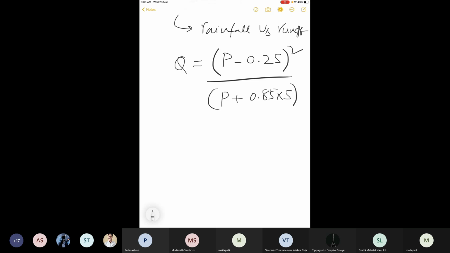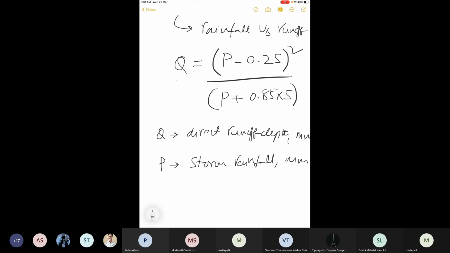So Q is the direct runoff depth. These are all in depth units. Q is the direct runoff depth, in mm. P is the storm rainfall, also in mm.